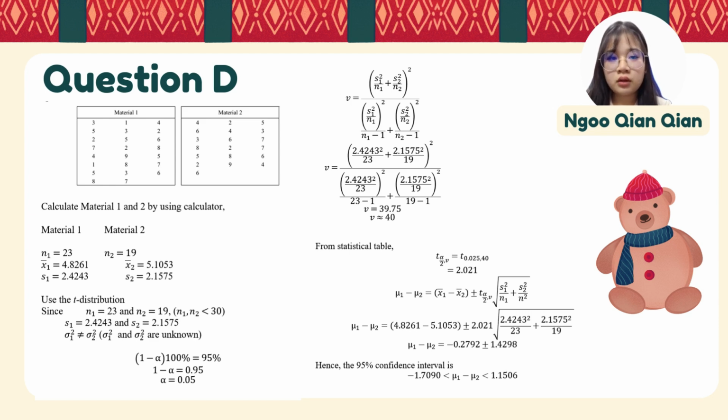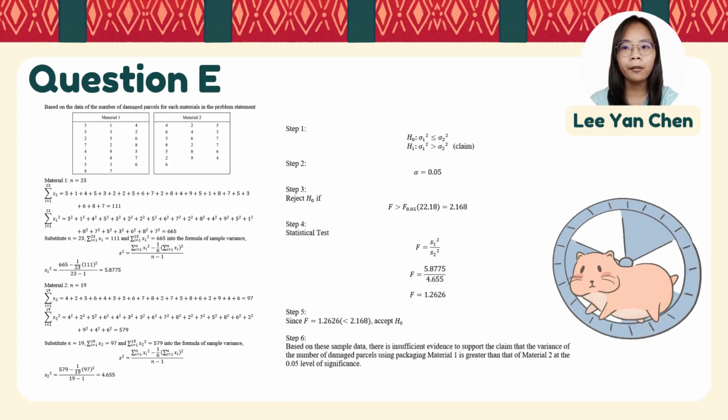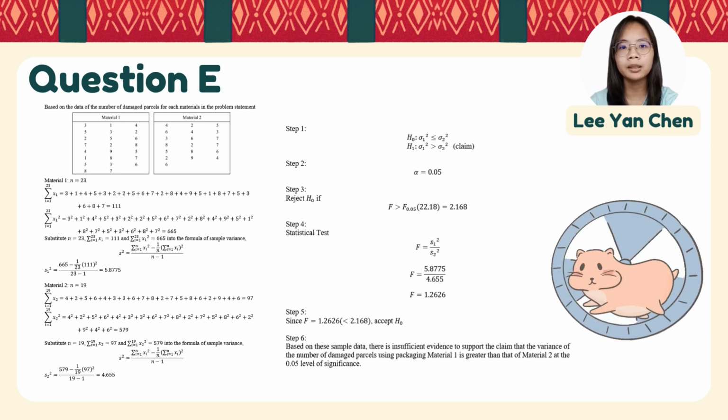Next, we use the formula of V to find the degrees of freedom, V is equal to 40. At the last, we use the following formula to calculate the confidence interval for the mean difference and get the final answer, which is that the confidence interval for the mean is between negative 1.709 and 1.1506.